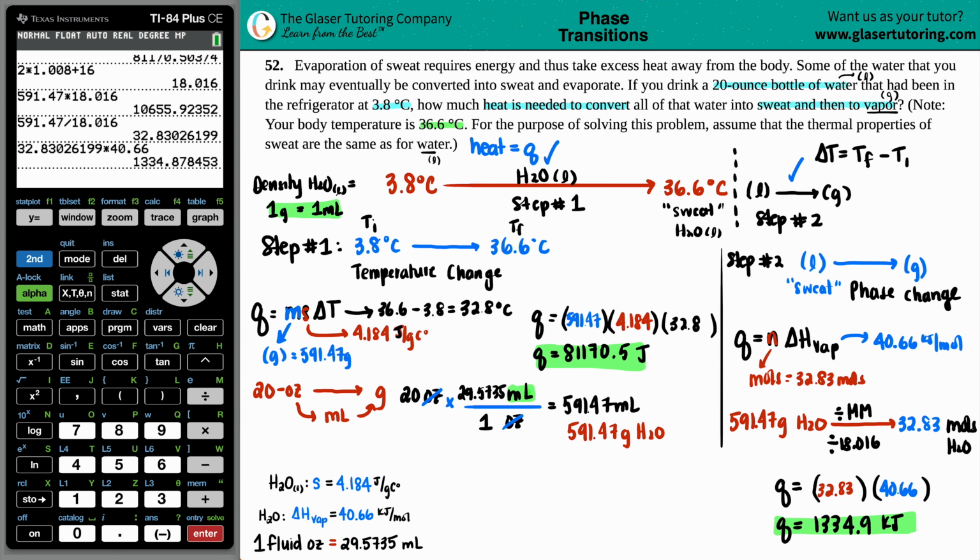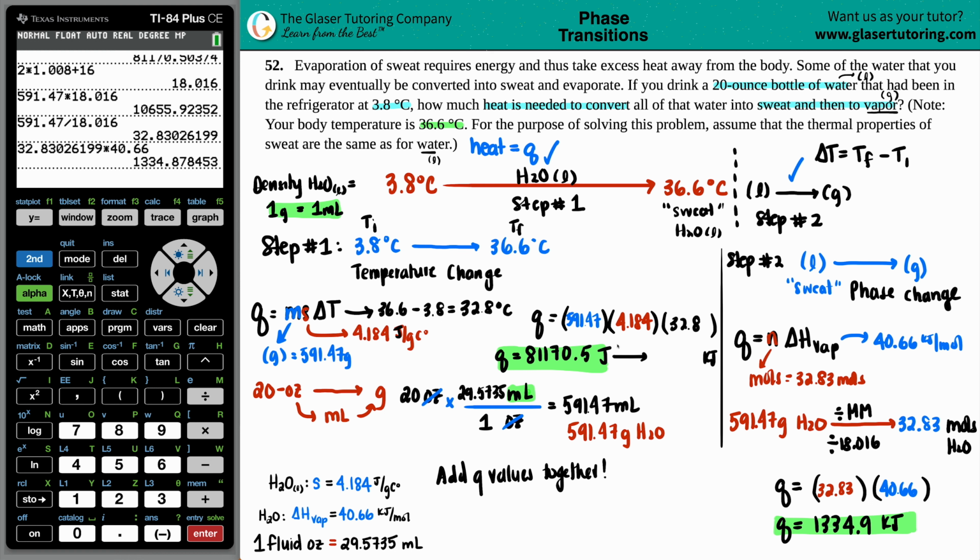And now, I'll just say over here, add Q values together. But before we do that, we just have to convert that first Q value, and I'll convert it into kilojoules.